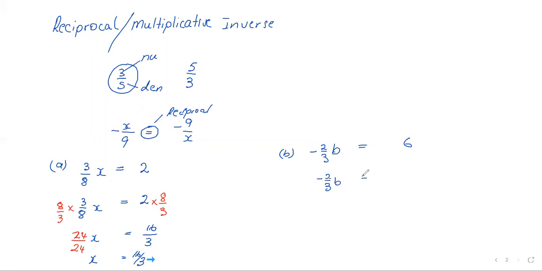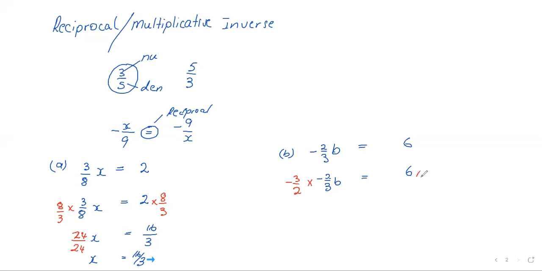Because we multiply negative 2/3 by B, we need to get the multiplicative inverse of negative 2/3, which is negative 3/2.